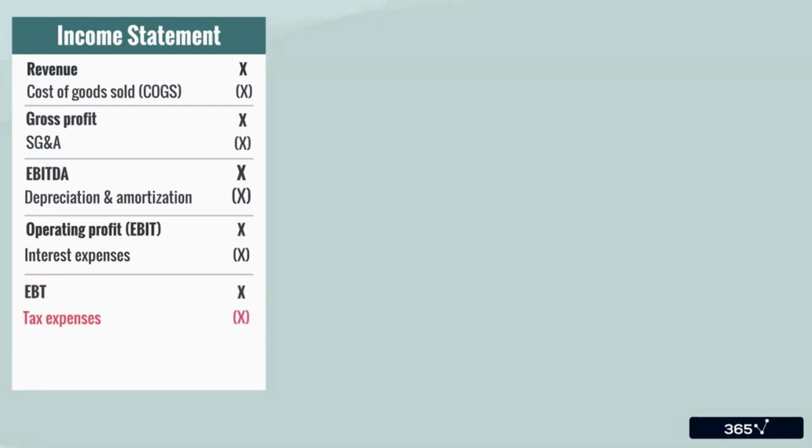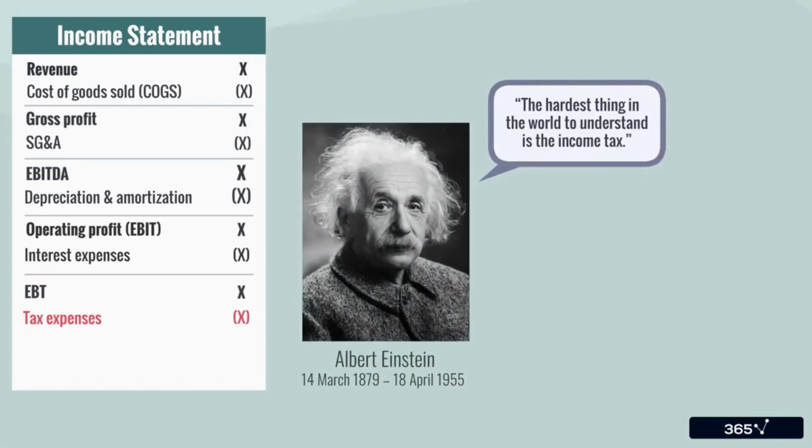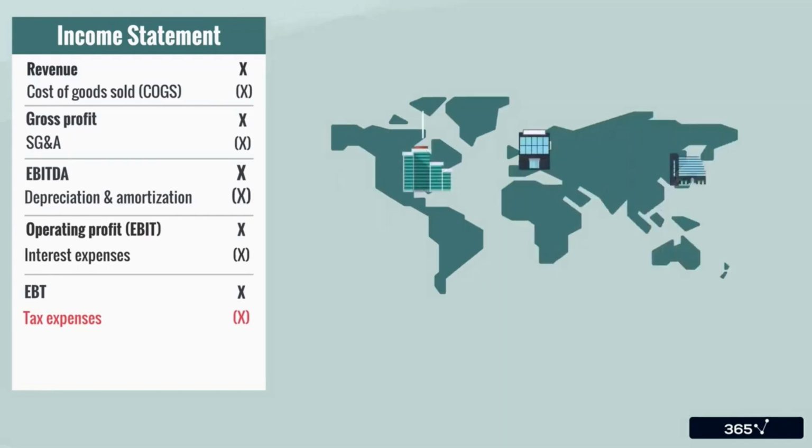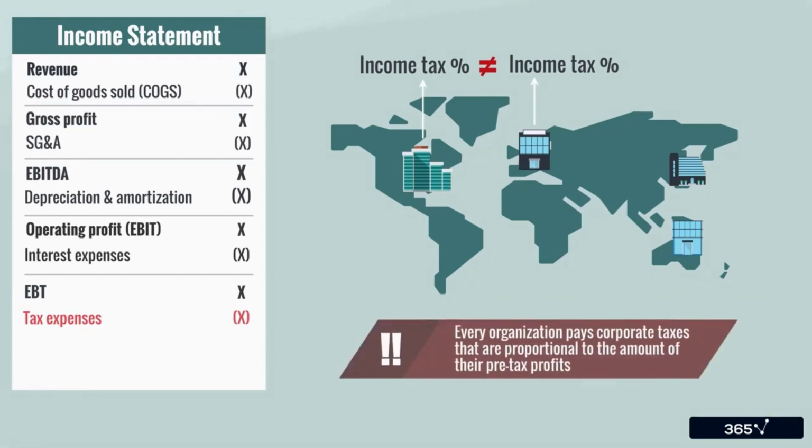And finally, we have taxes. As Albert Einstein once said, the hardest thing in the world to understand is income tax. He might have been right. The rules for measuring the amount of income tax generated by a firm vary widely among countries. However, we will not go into the specifics right now. What we need to know, though, is that every organization pays corporate taxes that are proportional to the amount of their pre-tax profits.